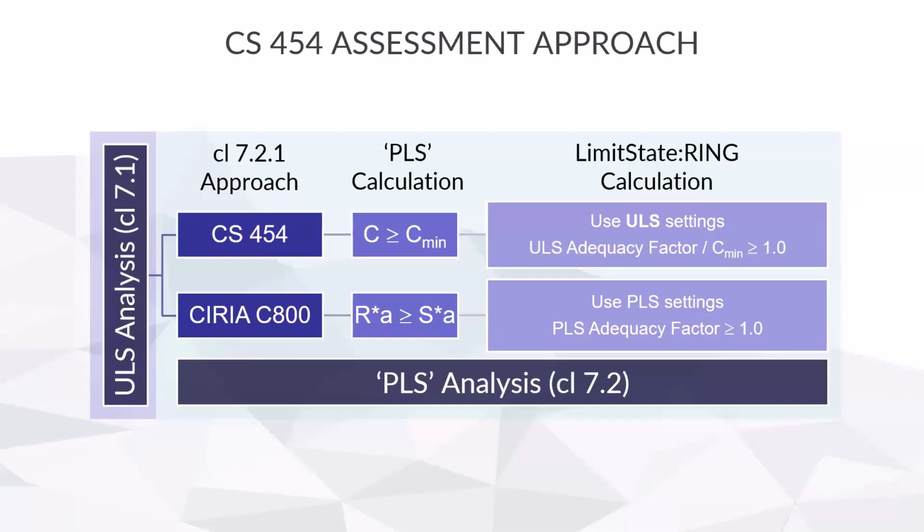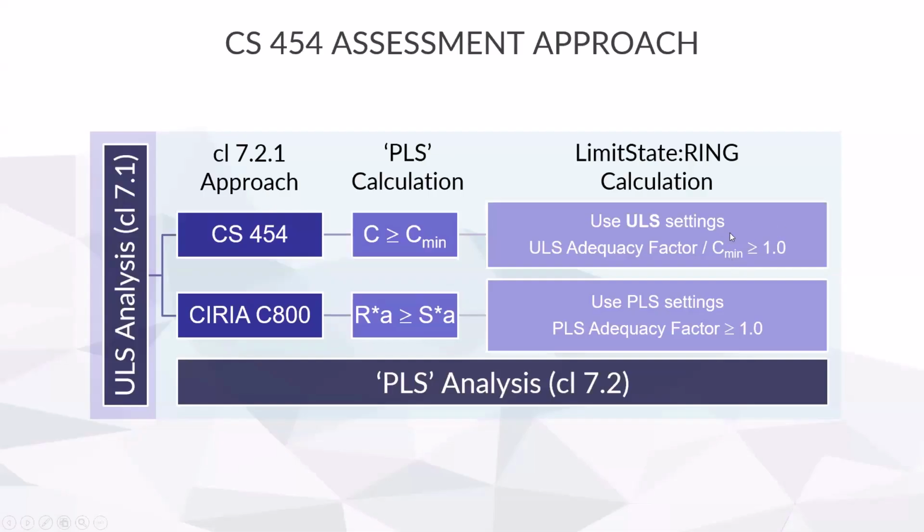So how does that work in practice if we're assessing using ring, for example? As we've seen, CS454 requires you to determine this ULS capacity, and then you can either determine for a PLS in inverted commas calculation that the factor that you get on that is greater than this C min value, and in ring what we'd be doing is using the ULS settings and then dividing our adequacy factor by C min and making sure it's greater than 1.